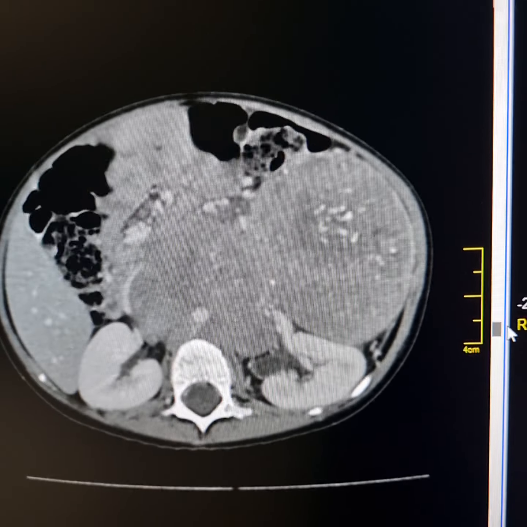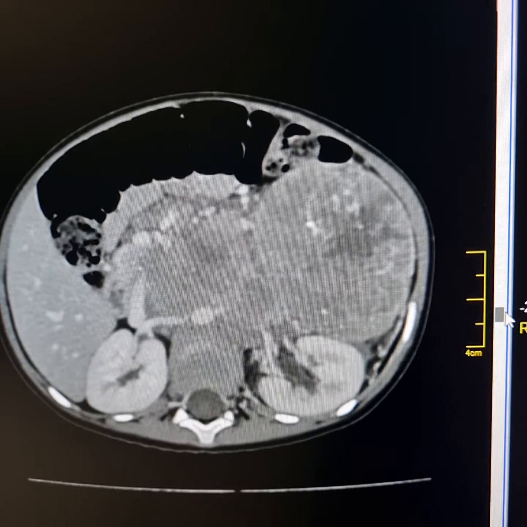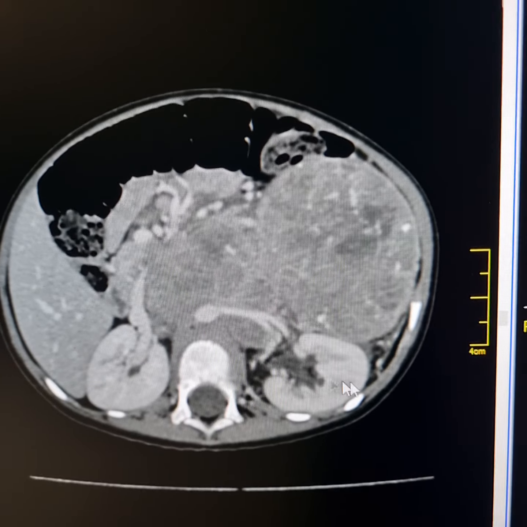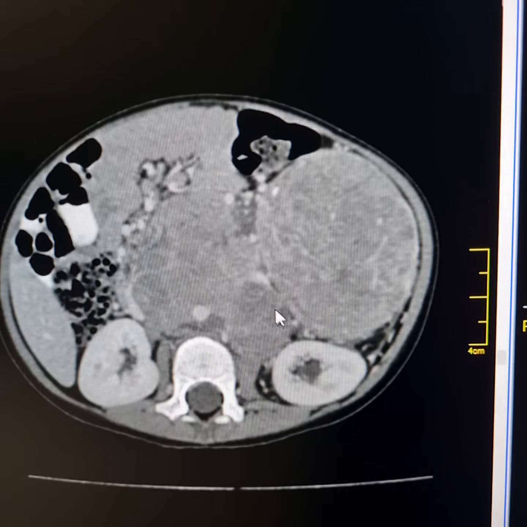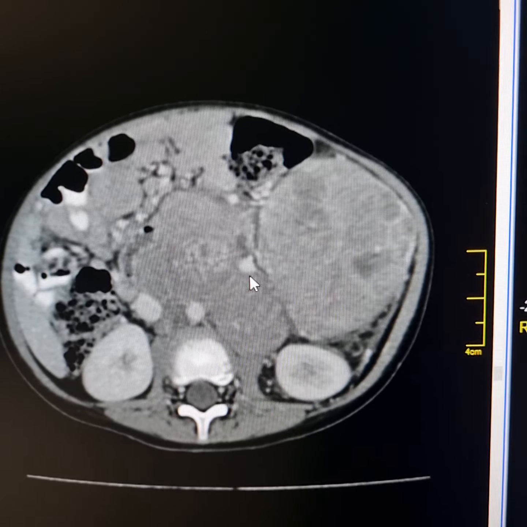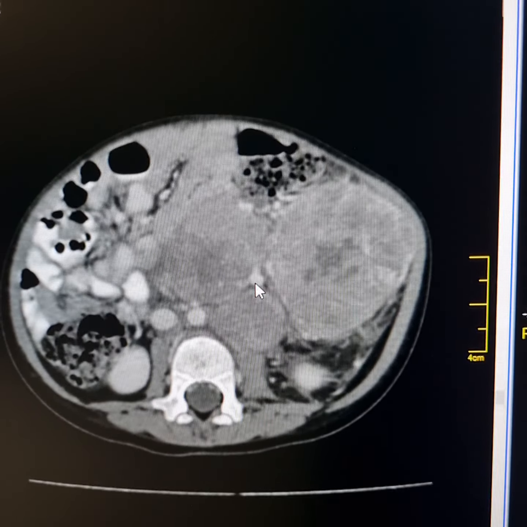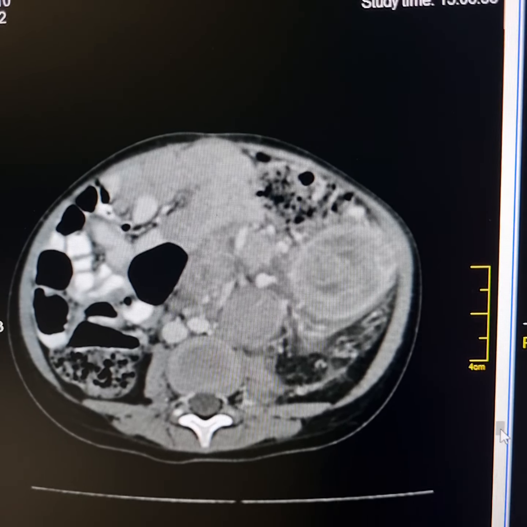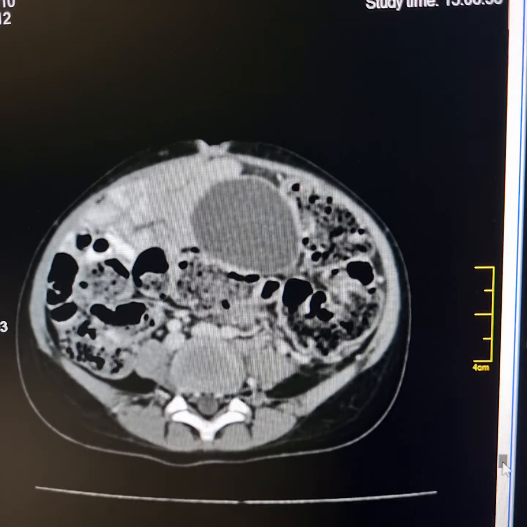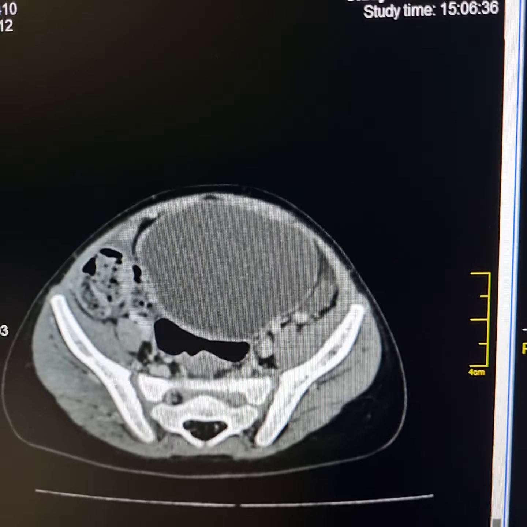Now since the mass has surrounded and occluded the lumen of the left renal vein, the left renal vein extends downwards, communicates with the mesenteric veins and drains into the mesenteric veins.